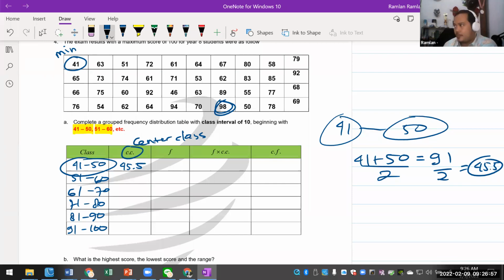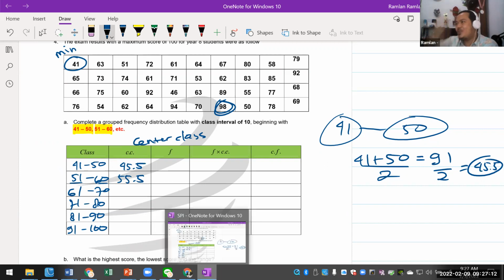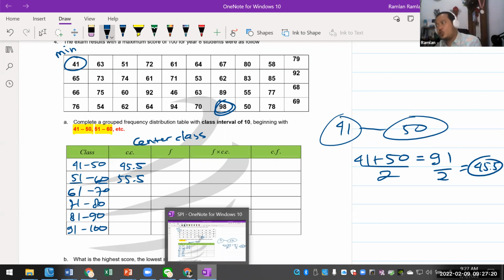The same thing for the next one. The class center of the next class: you just add 51 and 60 and then divide by 2, you will get 55.5. And so on, so on. Jadi cara nyari midpoint itu tinggal ditambahin yang paling ujung kiri sama kanan terus bagi 2. Yeah, that's the shortest way to do it. Okay.